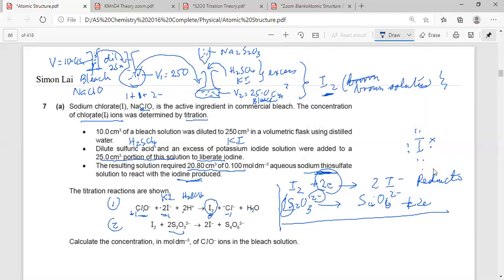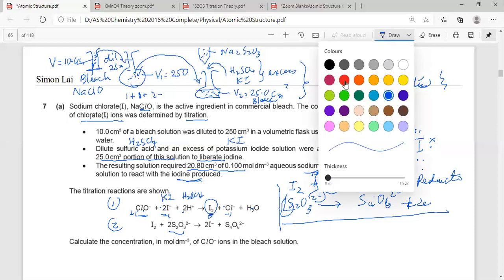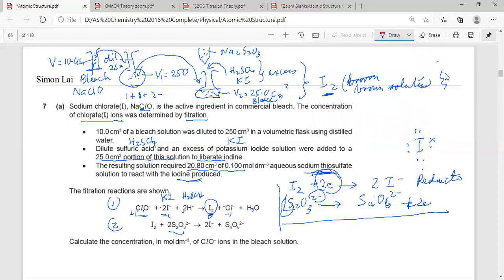To balance off, 2 electrons balance 2 electrons exactly, so I don't have to multiply anything. So it's 1 mole of I2 plus 2 moles of S2O3 2 minus goes to 2I minus plus S4O6 2 minus.